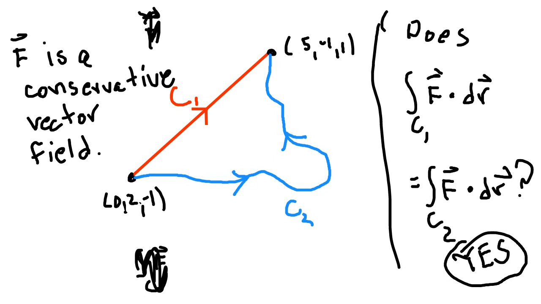And in that case, you would have to compute the work using the definition you learned in section 13.2. And that definition involves the path.